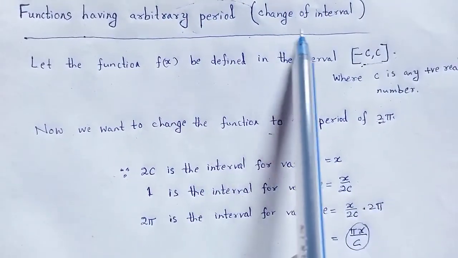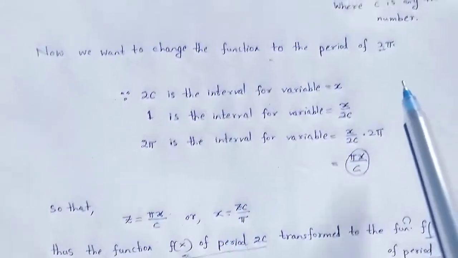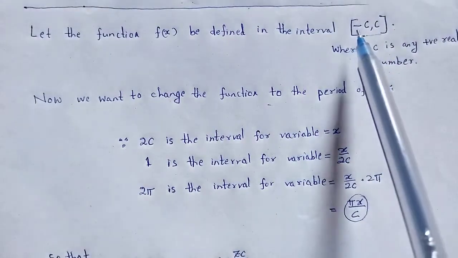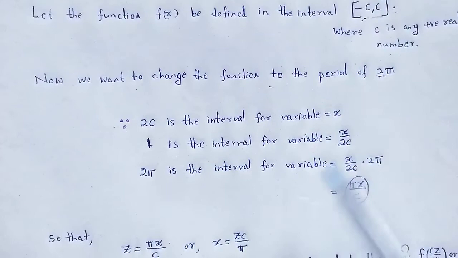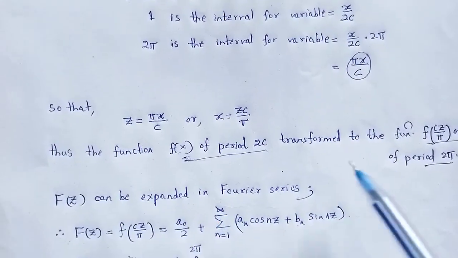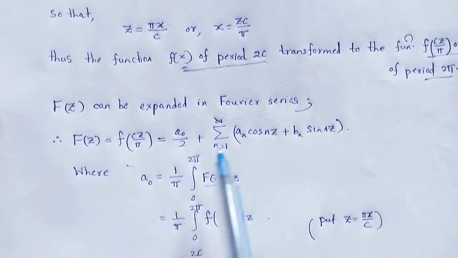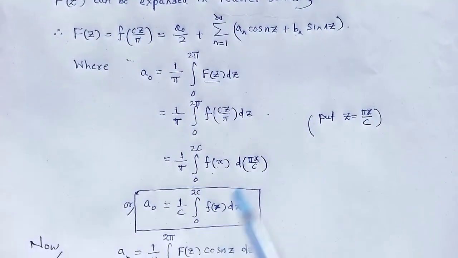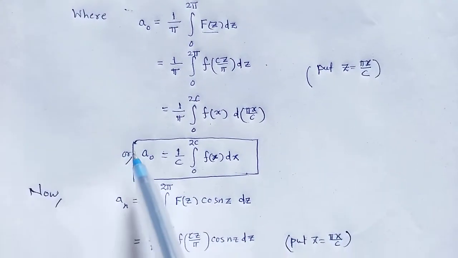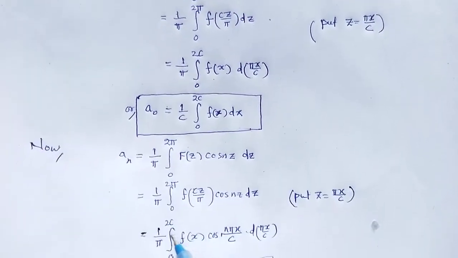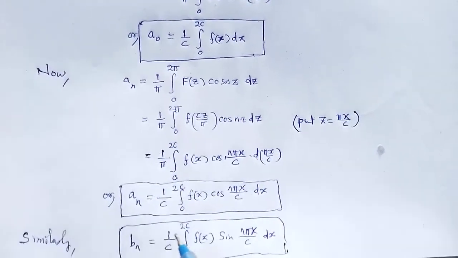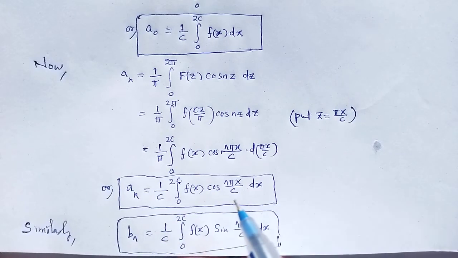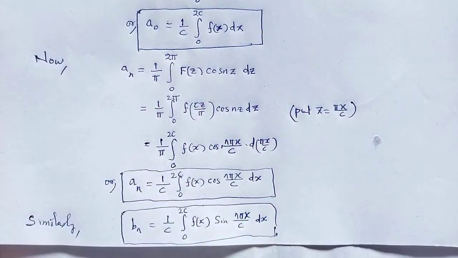That means we change the interval, which is in terms of minus c and c, to an interval of 2 pi, and then transform the Fourier series and determine the Fourier coefficients a naught, a n and b n for the arbitrary period.